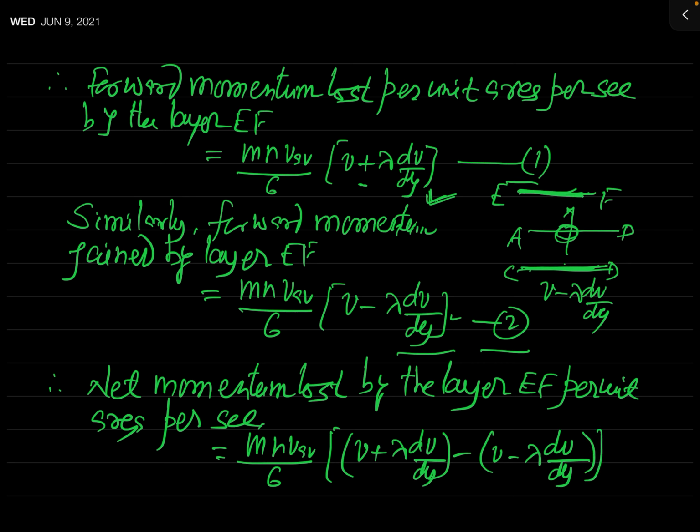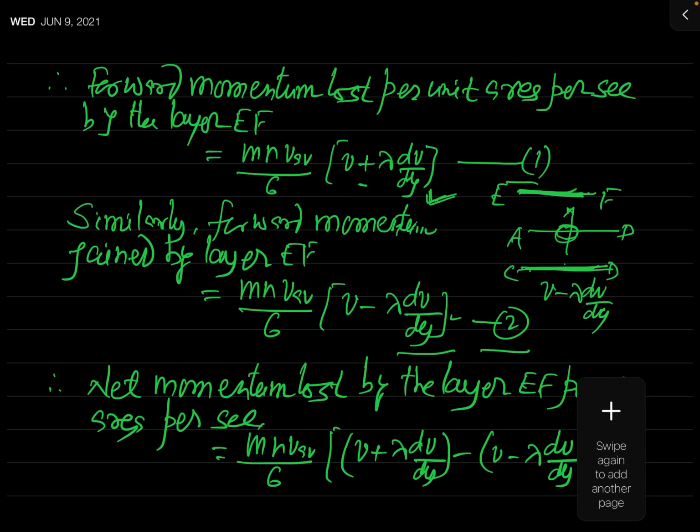You can see this V will cancel out and this lambda dV by dy will actually be added, because this minus and minus will become plus. So what will be your result? This will be 2 lambda dV by dy and that 2 will cancel this 6 and that will become 3.